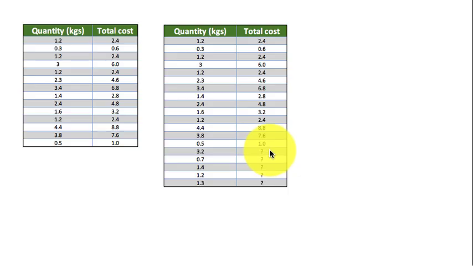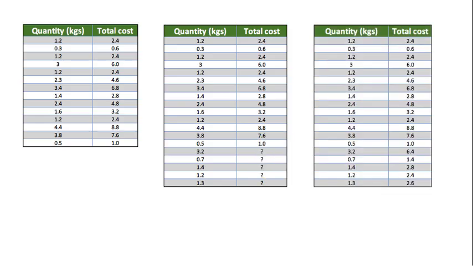So obviously the cost for this is going to be 3.2 times 2, which is 6.4. The cost for this is going to be 0.7 times 2, which is 1.4, and so on. So you might make these predictions. You'll be able to fill these in based on the pattern that you observed by looking at this.